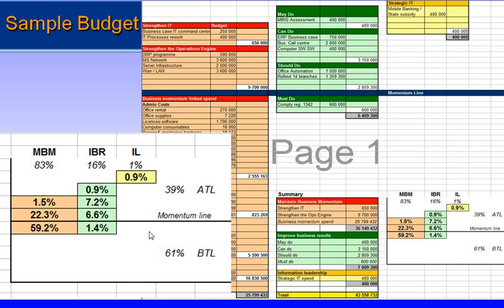Okay. Now, if this organization was in trouble, it could contract that 39% and only spend that money and still maintain its existing business momentum. What also becomes important is that these ratios that we're talking about here, the above the line versus below the line, the MBM to IBR, etc., become the benchmark against which you measure future IT budgets.